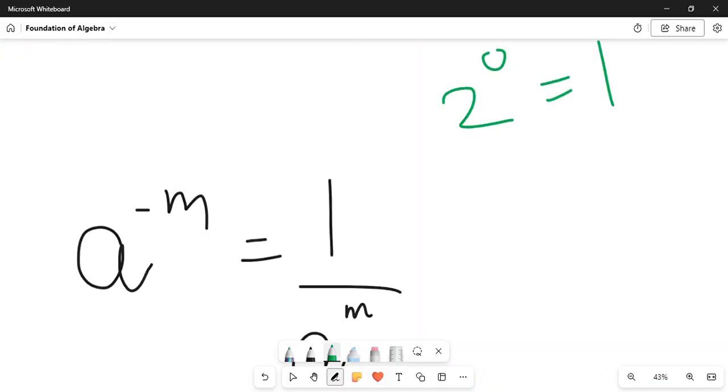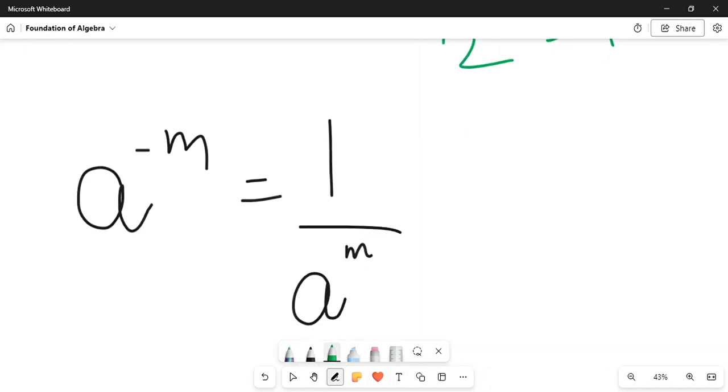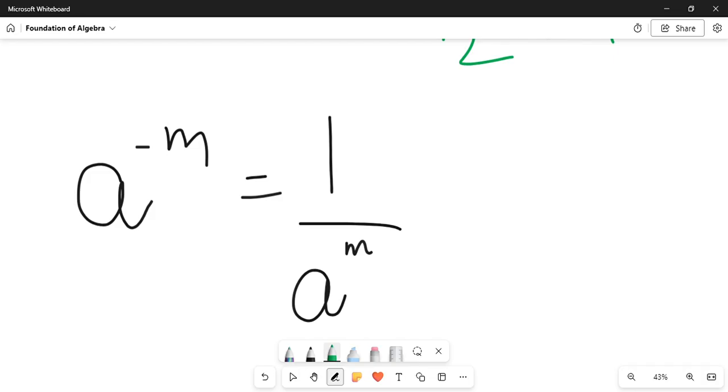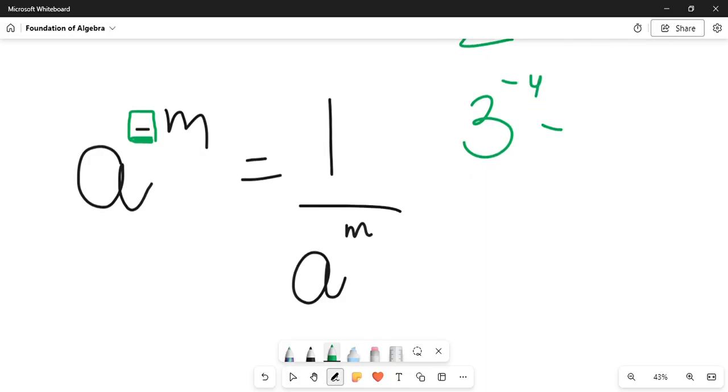The fifth one is that if we have a base which is raised to a negative power, like this here, then if we take the reciprocal, which I just told at the beginning, the power will become positive. For example, 3 to the power of minus 4 will equal, if I take the reciprocal, I told there's a 1 down.